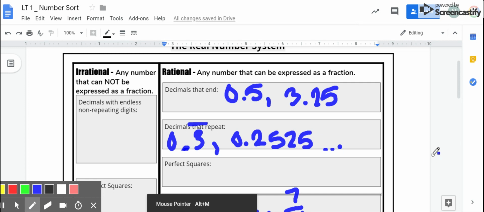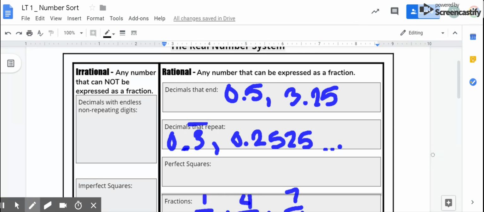Now, perfect squares. I'm going to give you an example of a perfect square. One perfect square would be 4. The reason why 4 is a perfect square is because the square root of 4 is 2, meaning 2 times 2 is 4. Now let's think of another one.